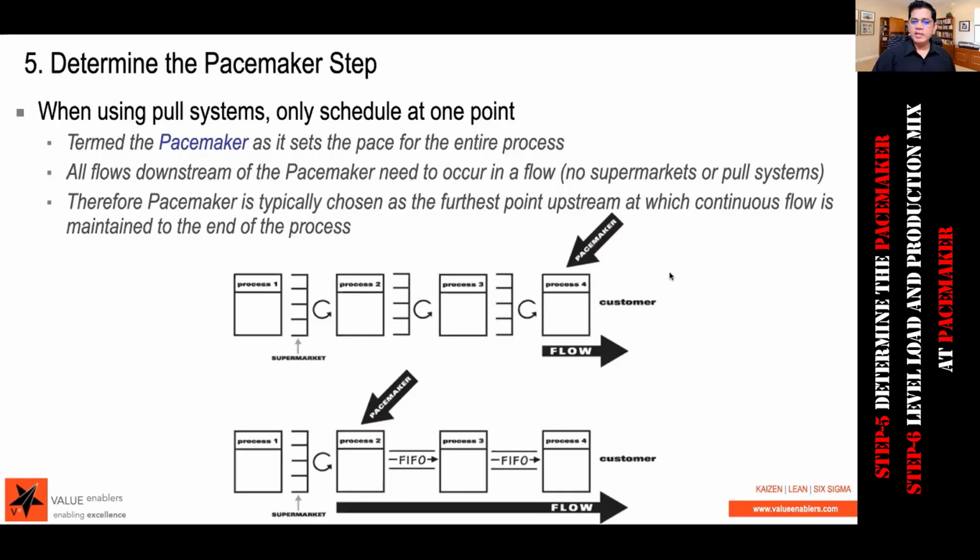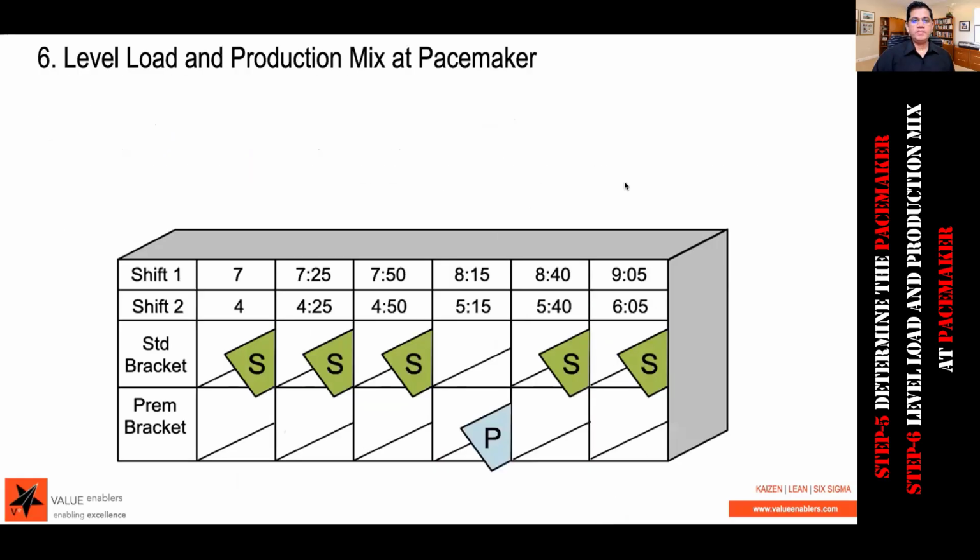Therefore, the pacemaker is typically chosen as the furthest point upstream at which continuous flow is maintained till the end of the process. Many companies earlier, now everything is digitized. Maybe in future presentations, I want to show both, where we are transforming into Industry 4.0.